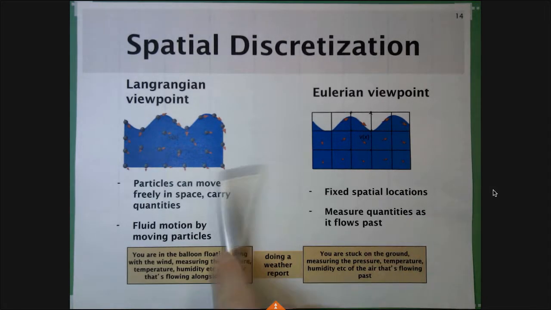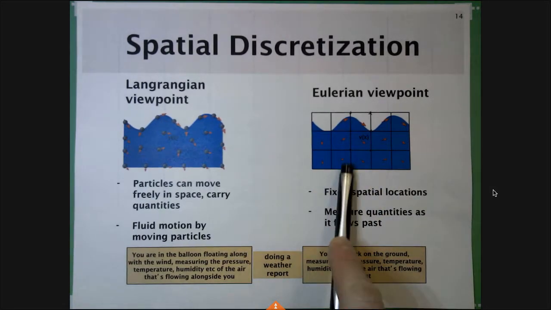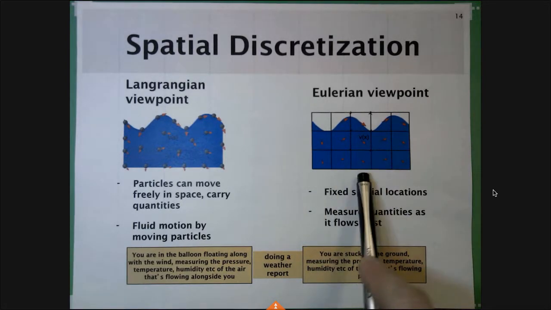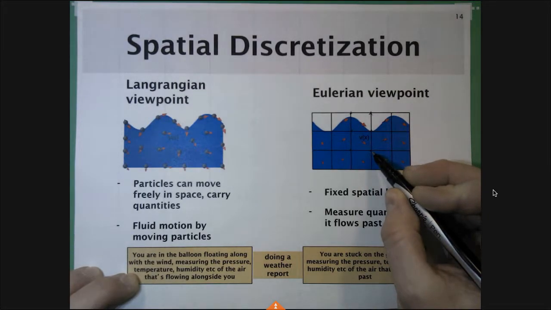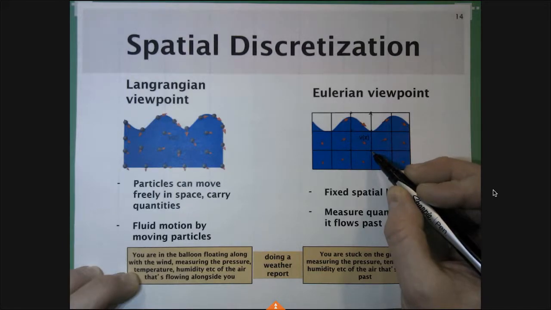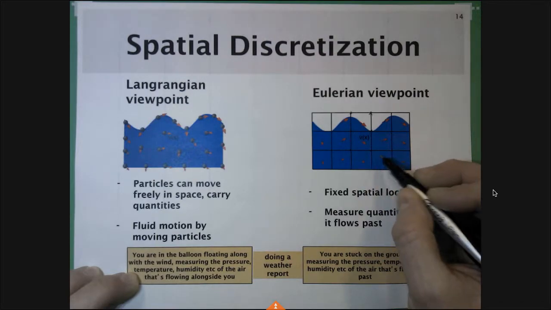And these viewpoints are fundamentally different, as you can imagine. We already noticed that when we did the 1D advection example the last time. If I'm here and I'm measuring some quantity of the fluid here, say temperature, it's not just the effect that the fluid would be changing its temperature, but it's also moving around, right?